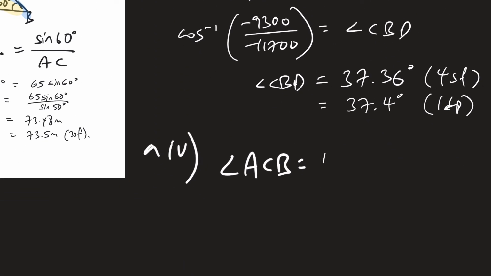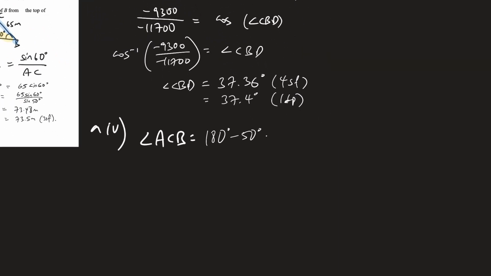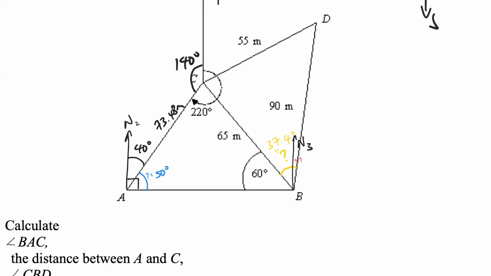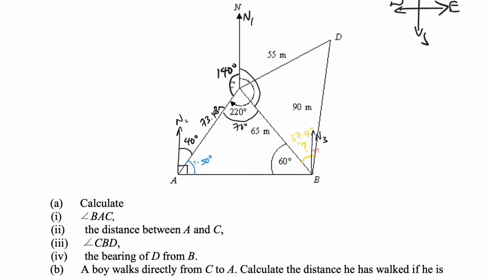So I can say it's 180 minus 50 minus 60, which is 70 degrees. So that's very helpful, because I can now write this as 70 degrees, and then this will therefore be simply 220 minus away 70, and so I can say N1CB.